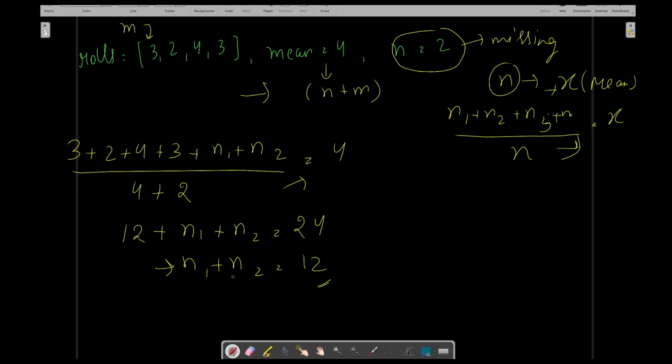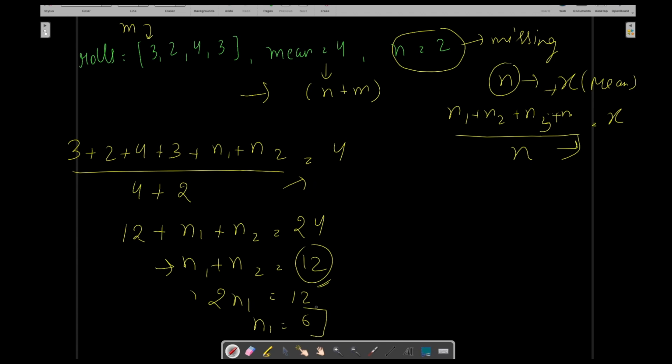For a minute, can we suppose these two observations are equal? If they are equal, then the sum is 12 and n1 will become 6. So we consider that all the missing observations might be equal.